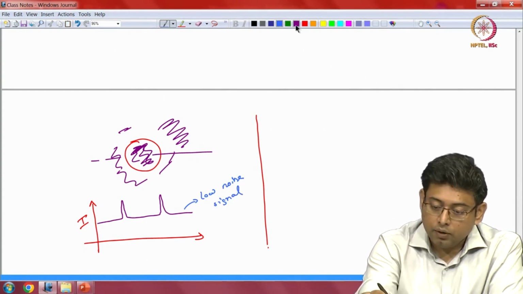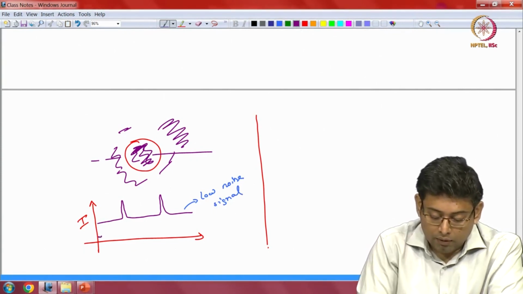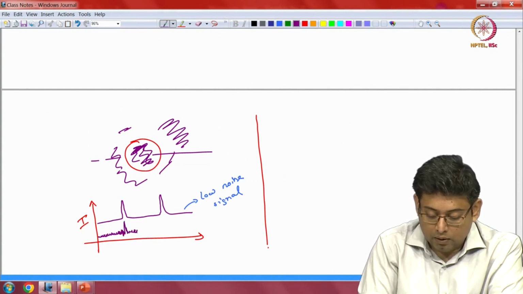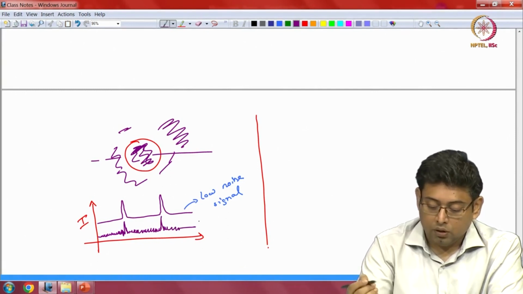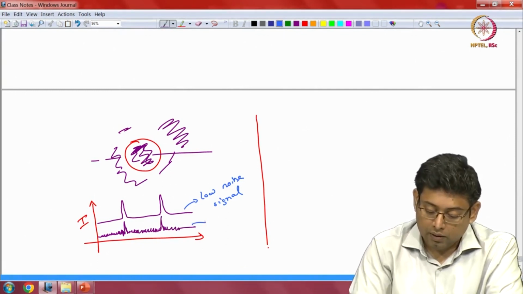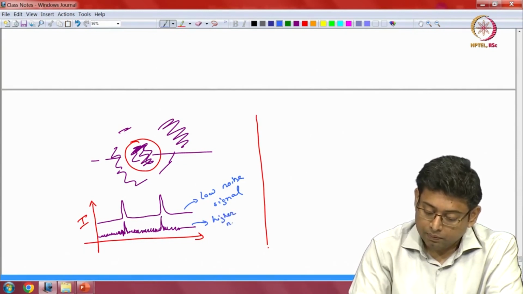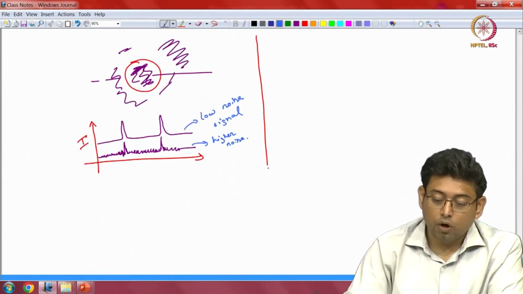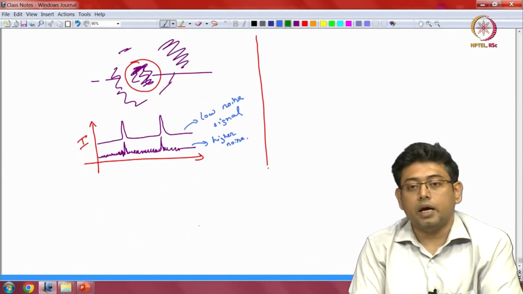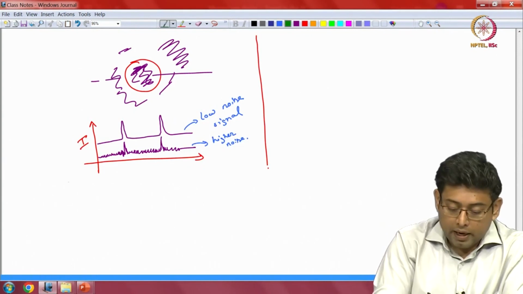And in another case, if you have a lot of noise, you can have a situation like this, so something of this sort. So, this is a higher noise case. In both cases, now your problem, if you are trying to detect the center, is to locate the edge.